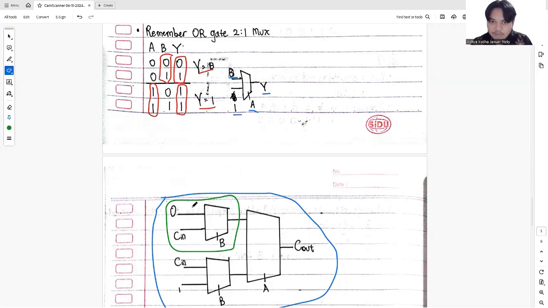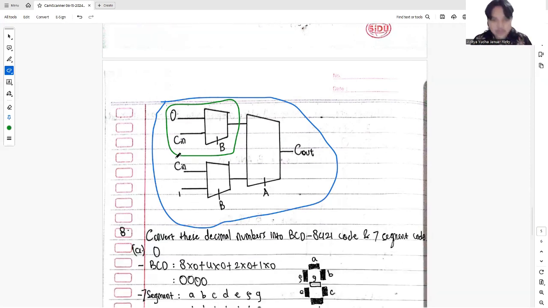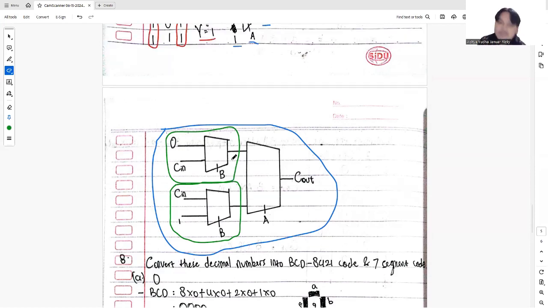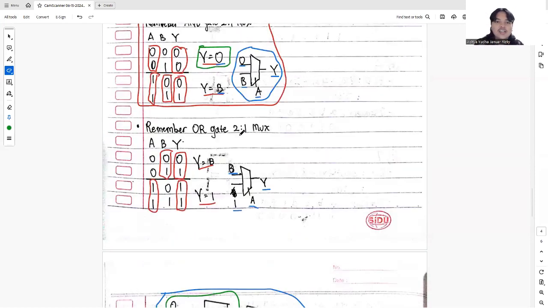Understand from that. The same principle is also used in the other circuits. On this circuit, you can guess what circuit this is. This is an OR gate multiplexer circuit. Same principle also, I'm changing all the context here.